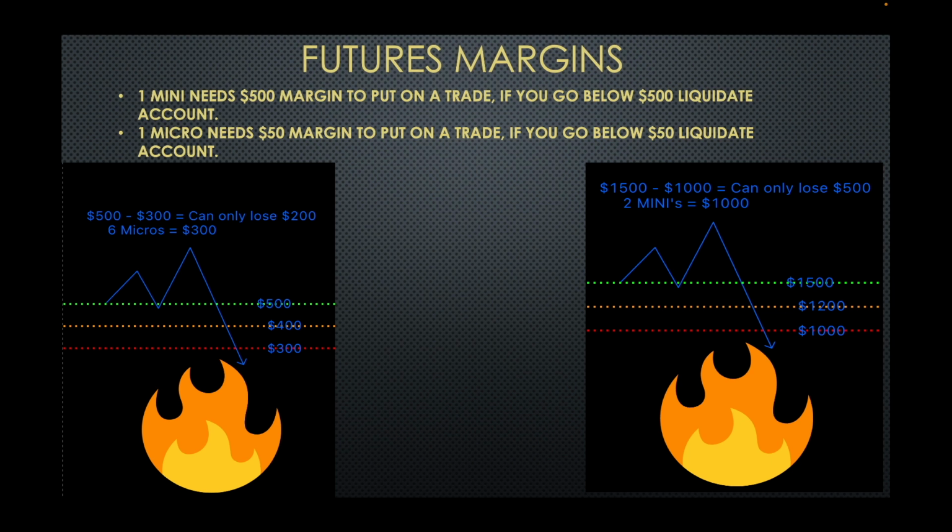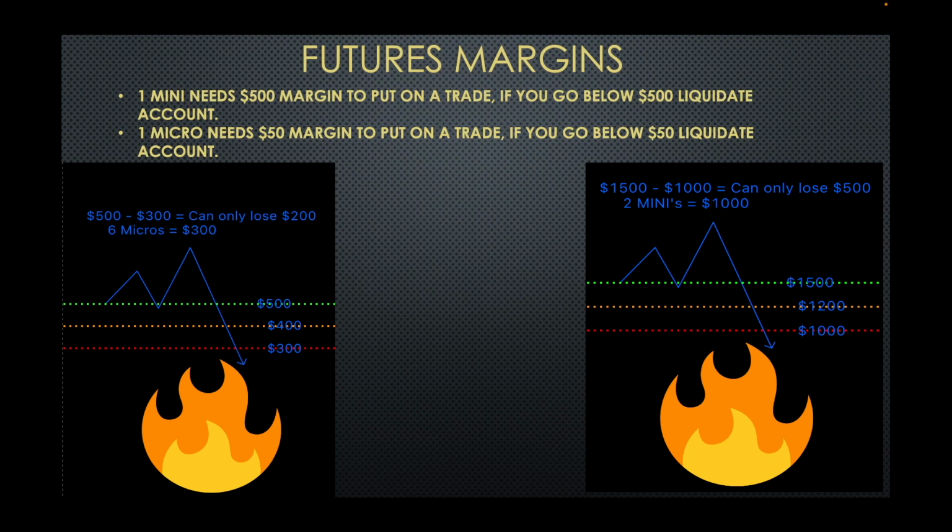So to trade futures, you need a margin. For one mini contract, you need at least $500 in your account to be able to put on one contract of a mini. $50 for a micro.